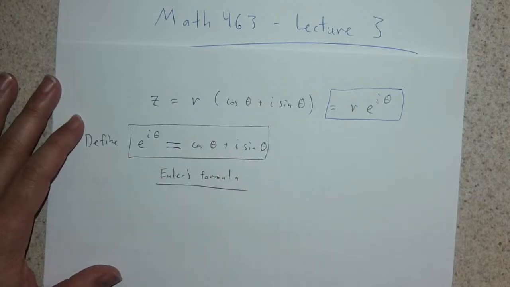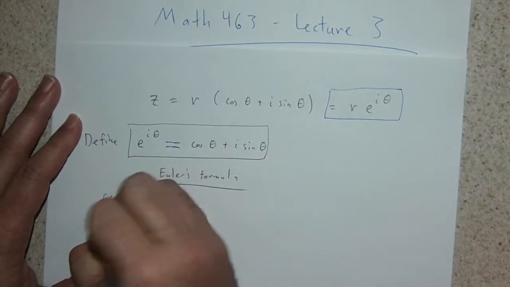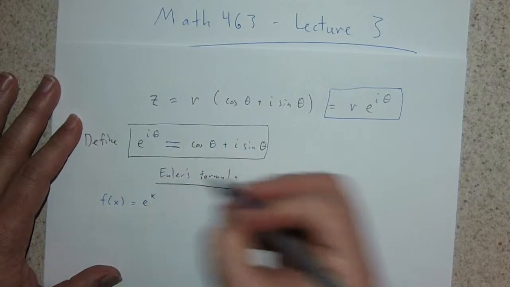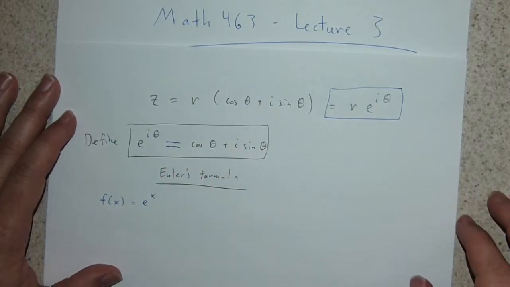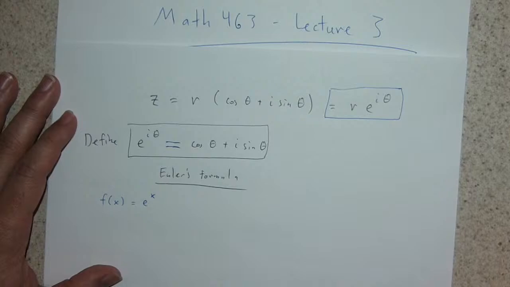But just formally, if I consider the exponential function, e to the x, then I know that there's a power series representation for this function, and I could obtain that via whatever your favorite method is.